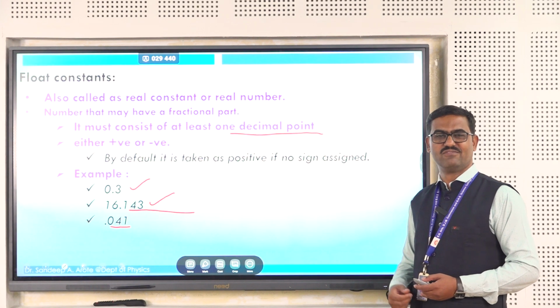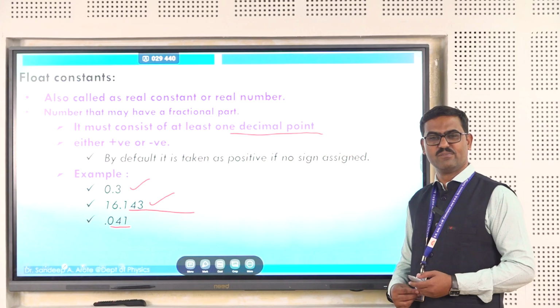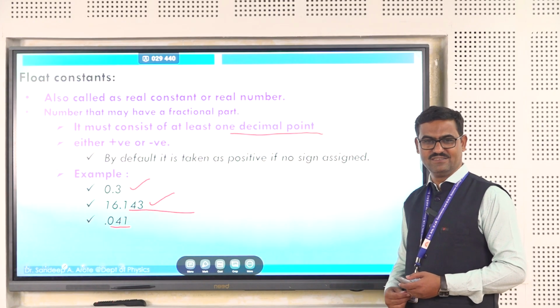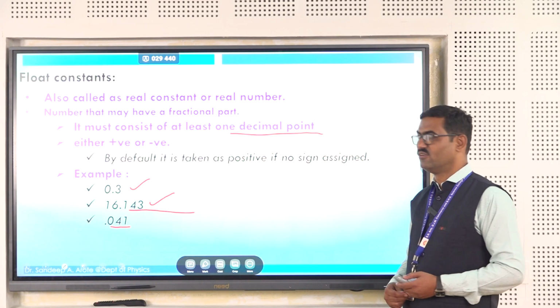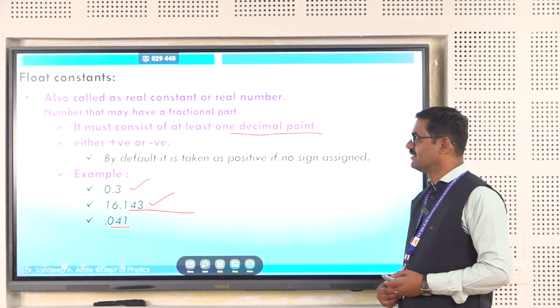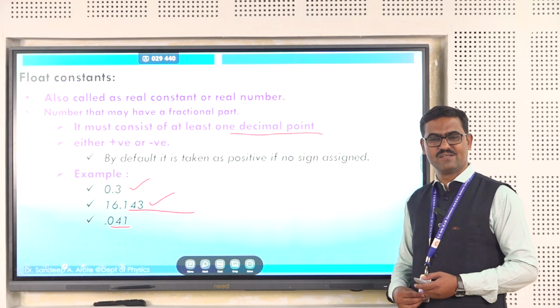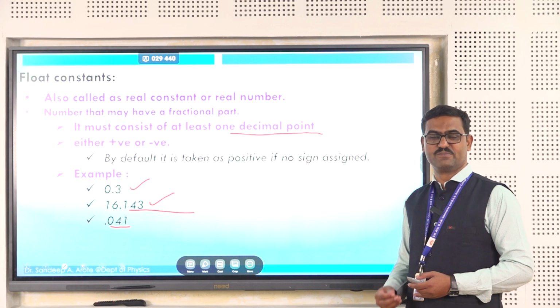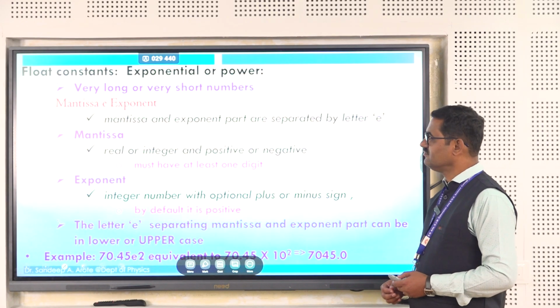So, double is a floating point constant which allows you to take a real number up to 10 digit precision, that is 10 digits after the decimal point, while float is a real constant which allows you to take a real number with 6 digit precision, that is 6 digits after the decimal point.